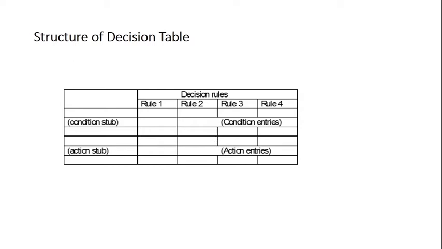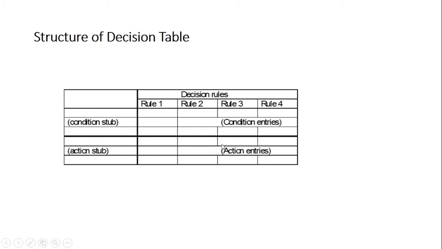Right? So 4 things. Condition stub, list all the conditions, they corresponding, like which one is applicable, all the values are given here. Action stub, what will be the outcome, and actually what is the result obtained is given in action entry. And when you see these, rules are written here, that means particular combinations will be given here, right?